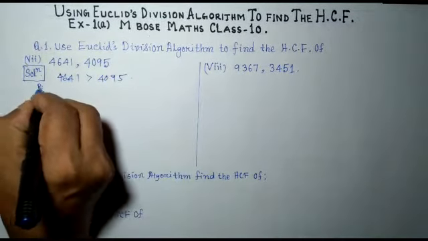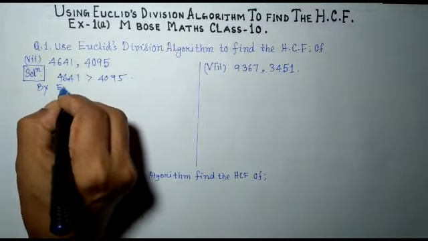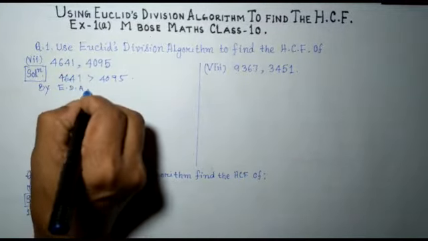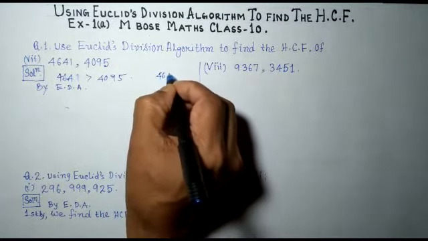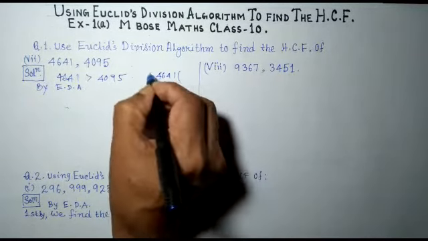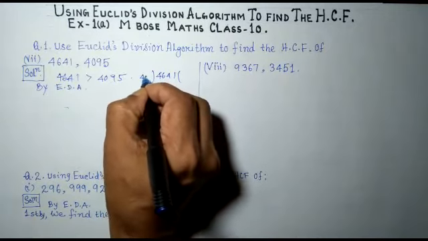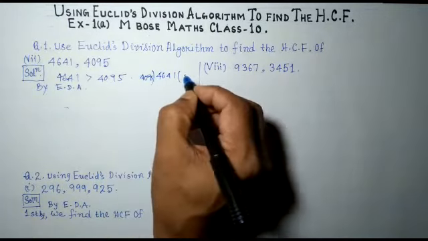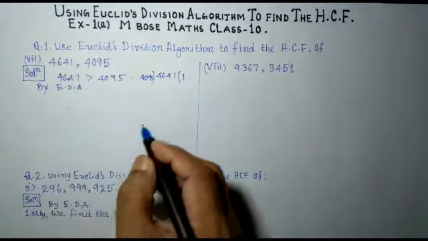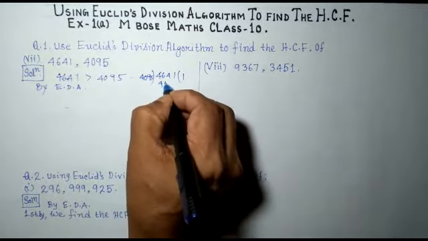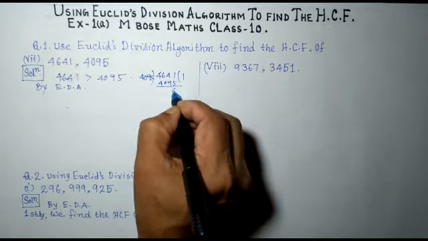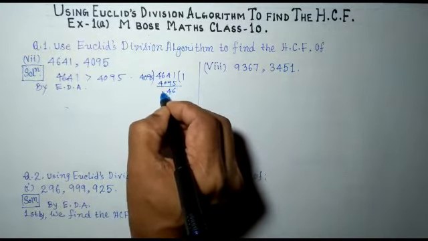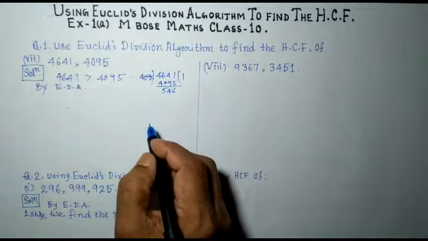By Euclid's division algorithm, we divide the bigger number 4641 by 4095. It will go only one time. Subtracting, we get 546.